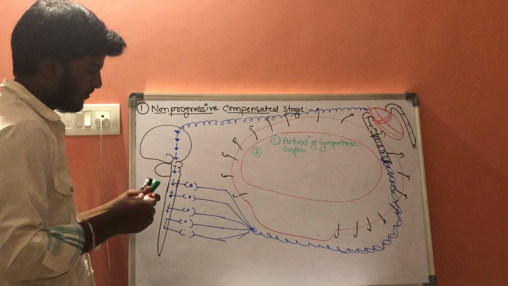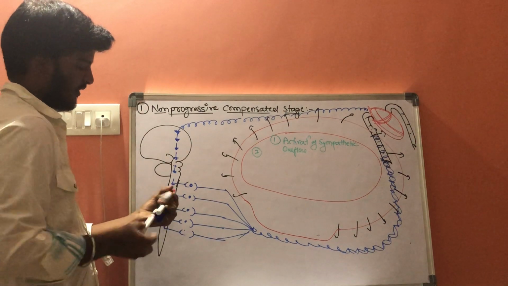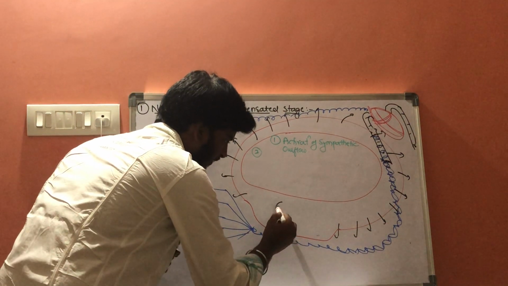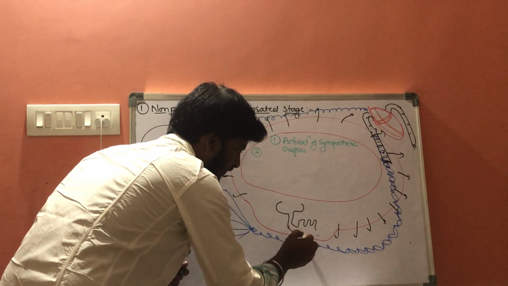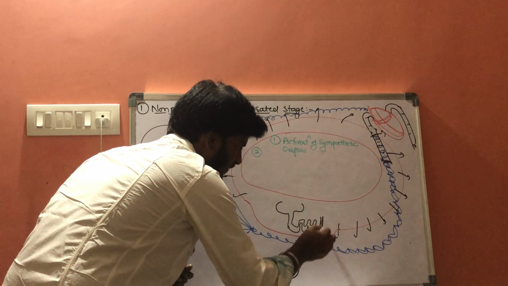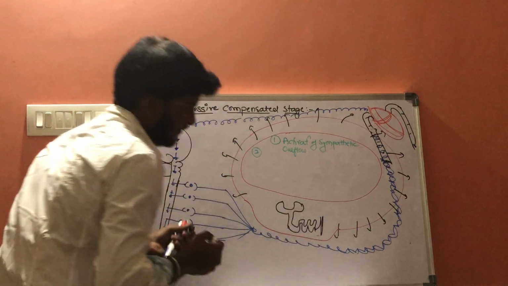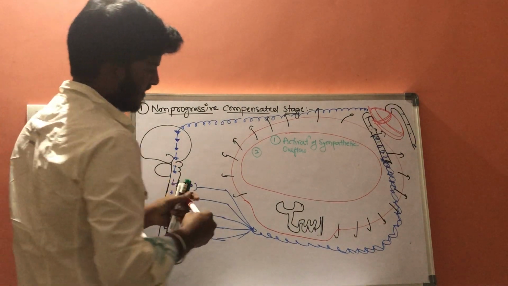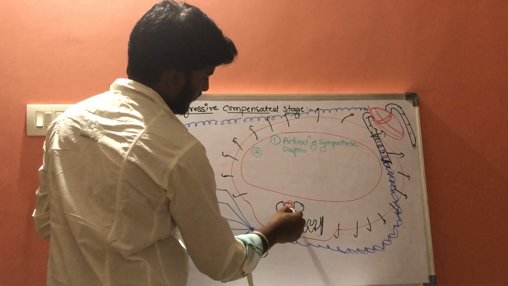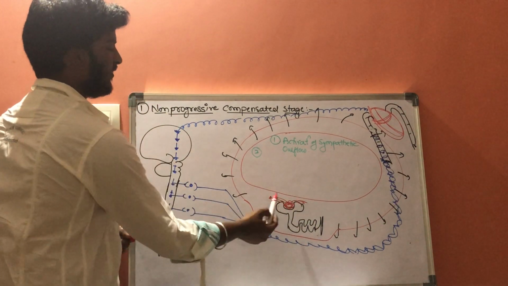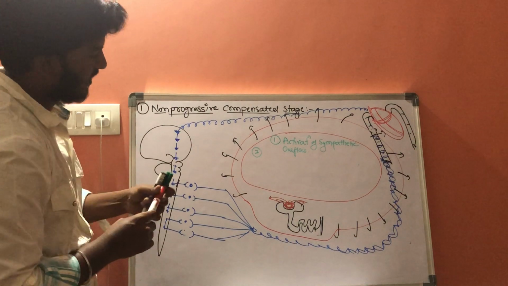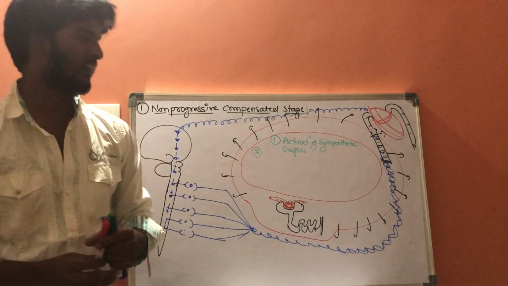Let us consider one nephron, where this is the glomerulus, the afferent arteriole, and this is the efferent arteriole. Now let us discuss the second compensatory mechanism.